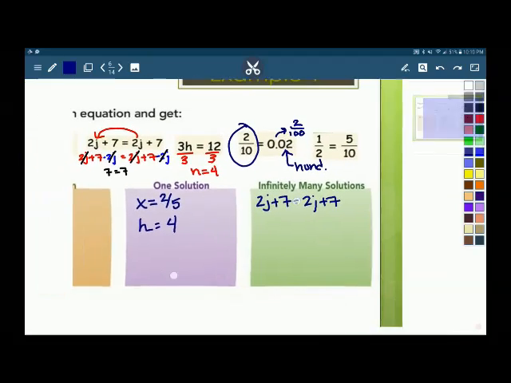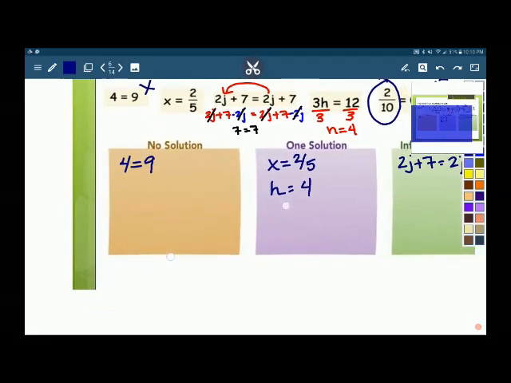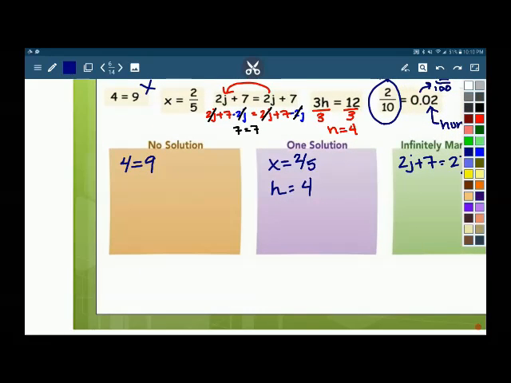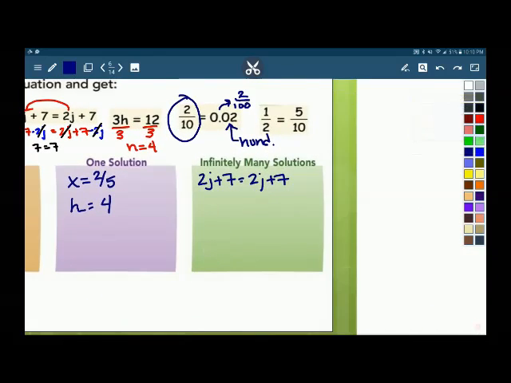Since they're saying 2/10 is the same as 2/100, which is not true. If we cut a pizza 10 ways and I gave you 2 slices, that would be much different if I cut a pizza 100 ways and only gave you 2 slices. So these are 2 different numbers. Since they are actually not equal to each other, that is a no solution. There's not going to be any variable that's going to be able to make 2/10 the same as 2/100.